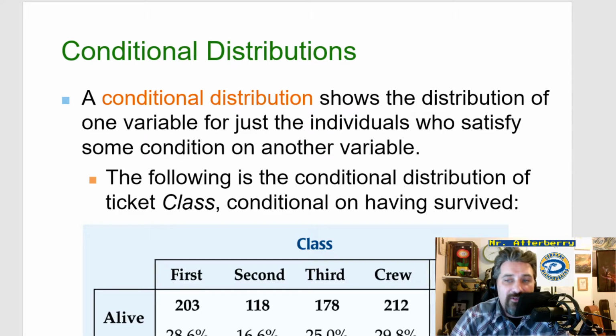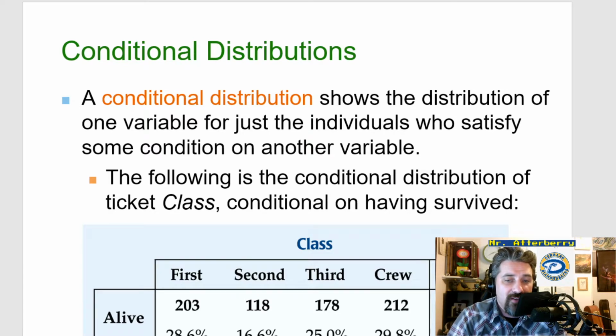We have a total of 711 people that survived, which makes up 100%, because it's 100% of the people that survived. Out of that, you could say some statistics, like 28.6% of those that survived were in first class.